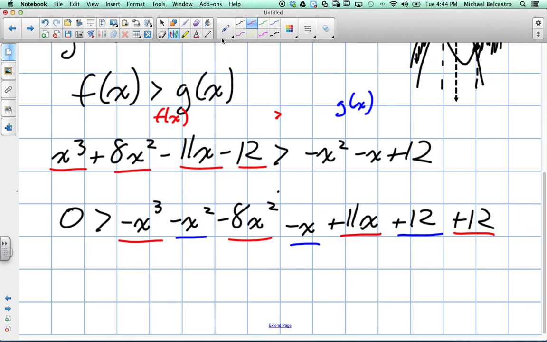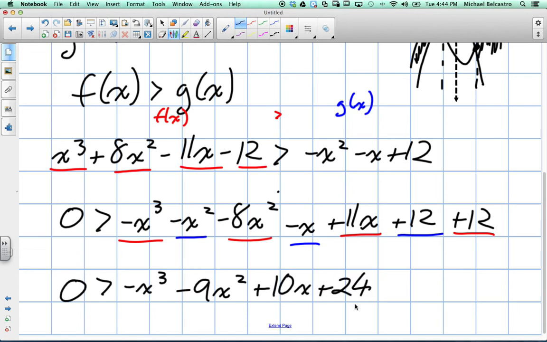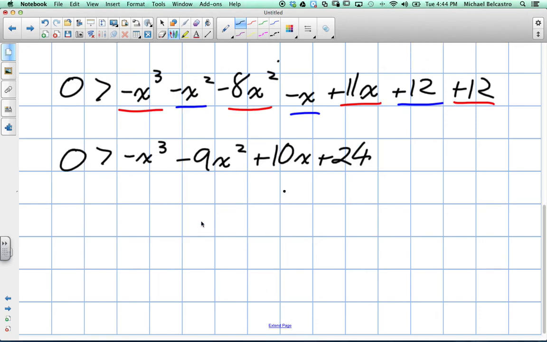So we're going to combine our like terms now. So we have 0 is greater than negative x cubed. Okay. Combine these two terms, gives us negative 9x squared. This gives us positive 10x plus 24. Okay. So we have a cubic function. Just like before, we want to find what we consider our x-intercepts. So instead of being a greater than sign, we go back to that equal sign.